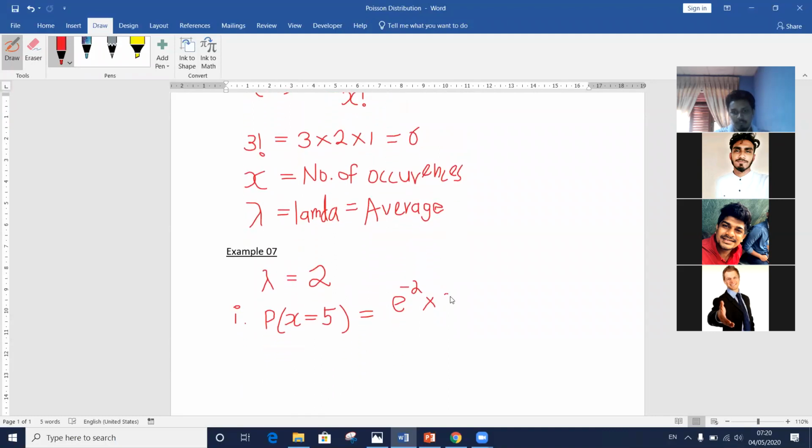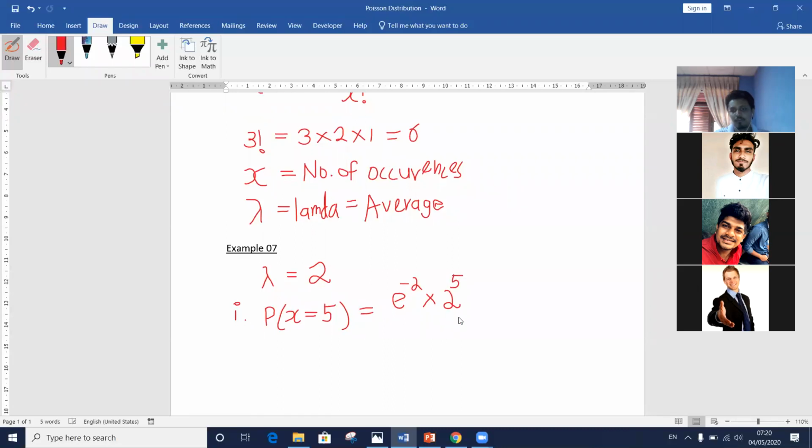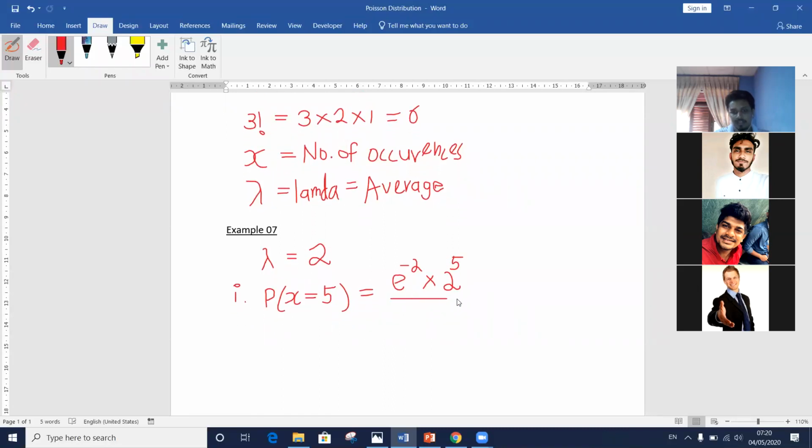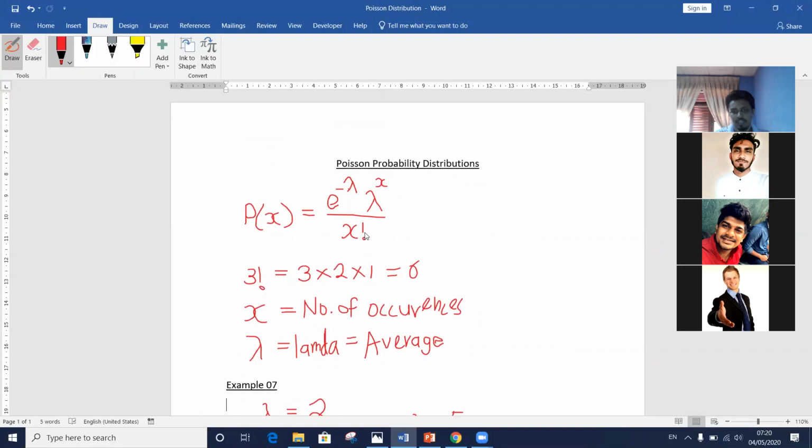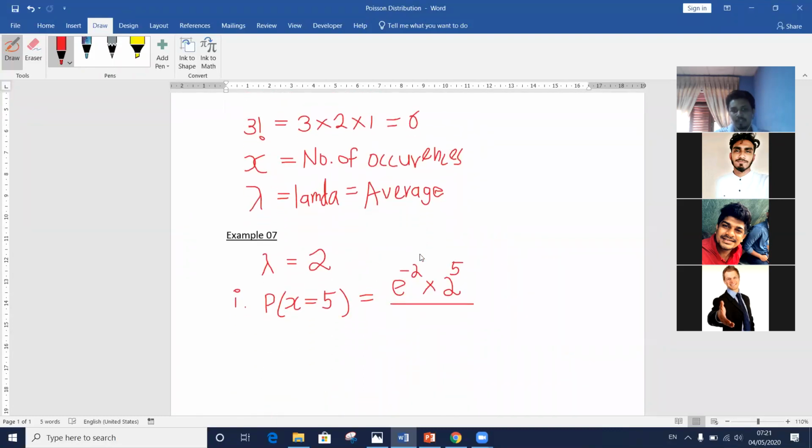Lambda is 2, so 2 to the power x. x means the number of occurrences, so the value of x is 5. And then we divide this by x factorial. x is 5, so 5 factorial.